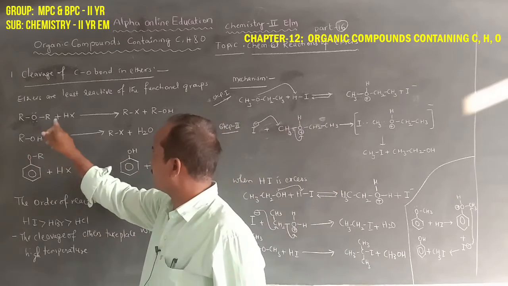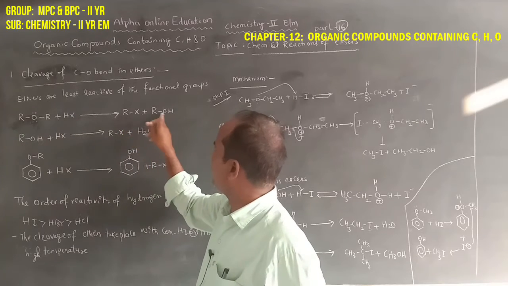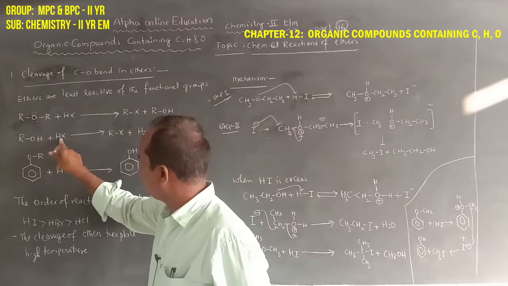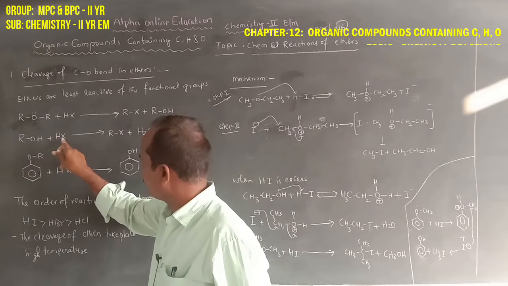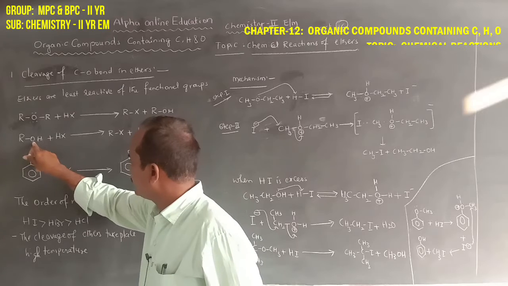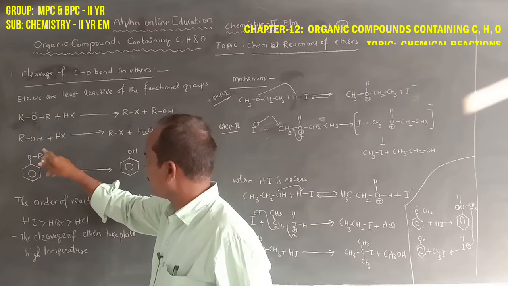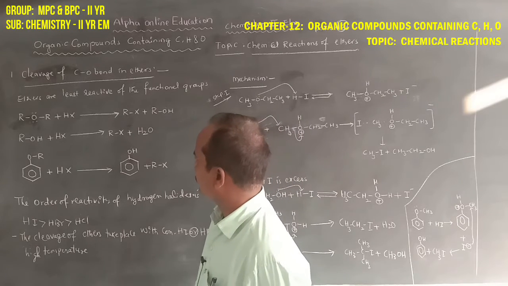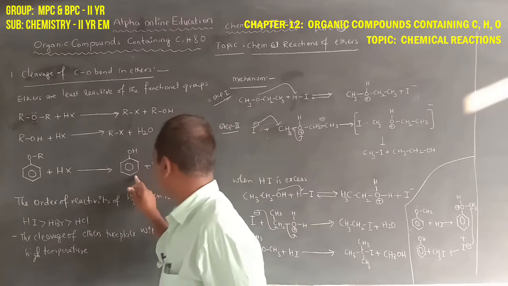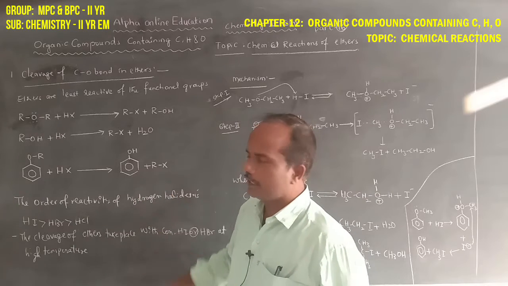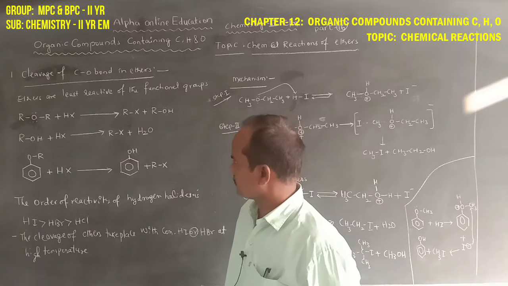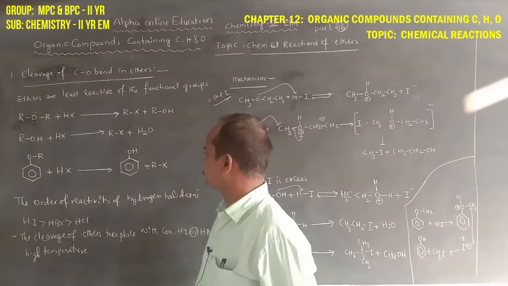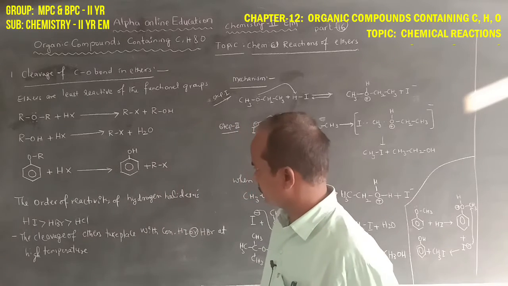Here we have the alkyl halide and alcohol. This alcohol reacts with the alkyl halide. Which type of reaction? It is a nucleophilic substitution reaction. But this phenolic compound, phenol, is not at all involved in nucleophilic substitution, so just 1 mole of alkyl halide is formed.